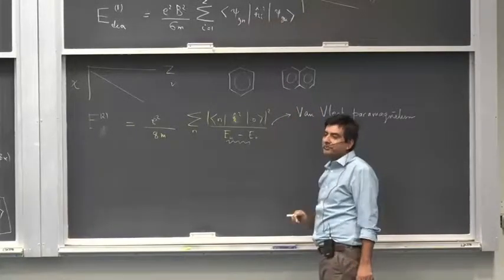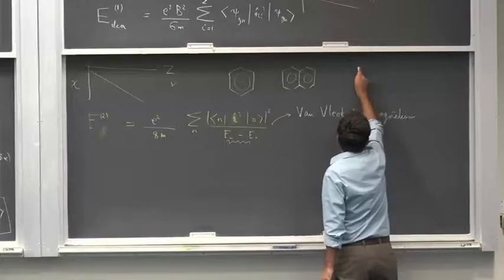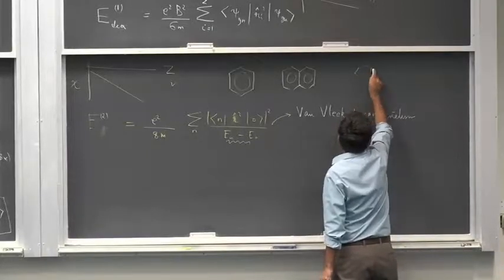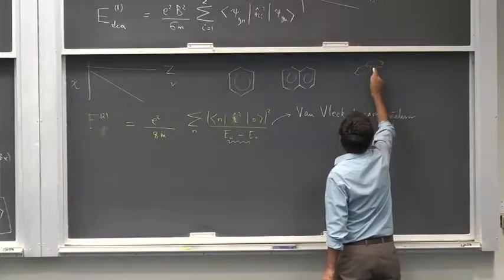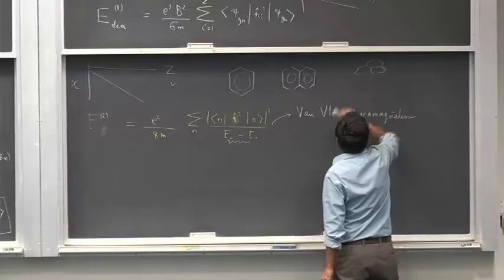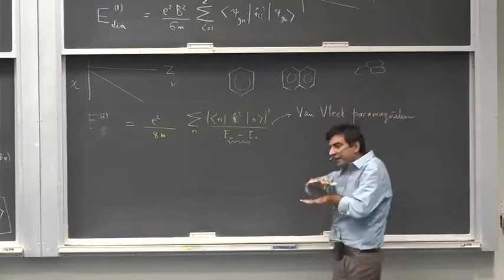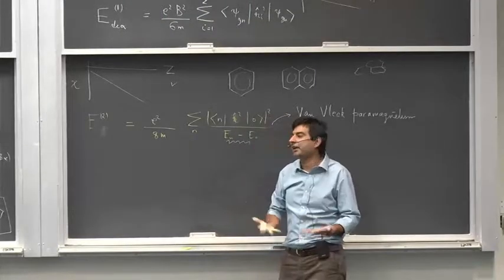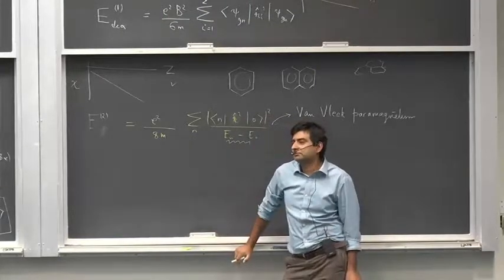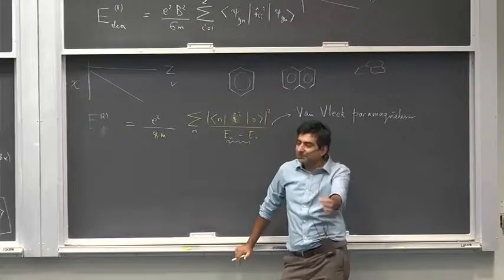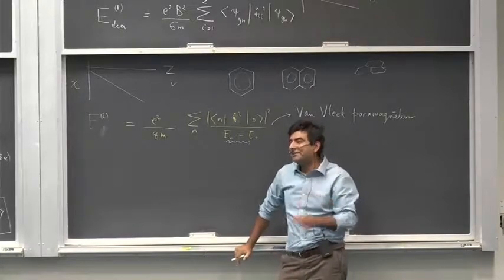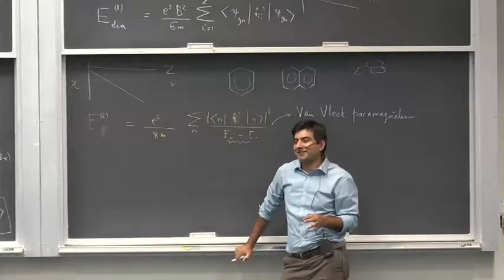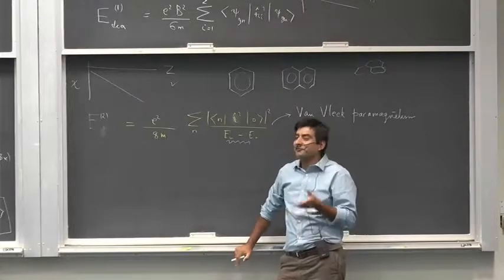It's not confined to an atom. Or you have graphene, sheets of graphene, in which the electron is mobile over the entire sheet, then such materials can have large diamagnetic effects. So these are real effects which are seen in the laboratory, and all of these come out from quantum mechanics.